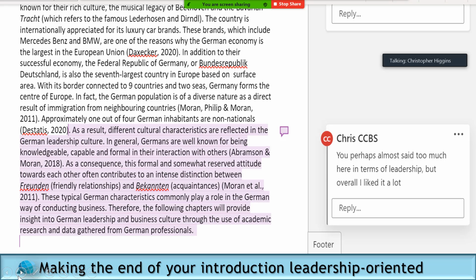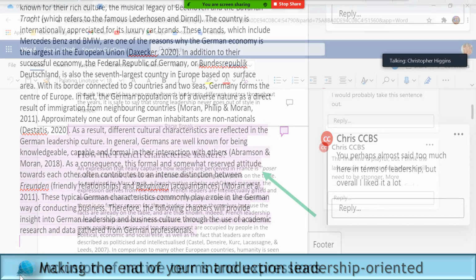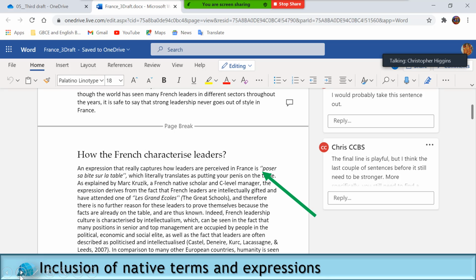Everyone will know that it is about leadership in Germany. Okay? And so many of the introductions, when they end, that isn't clear. It's not explicit that you're reading a book about leadership. At this stage, coming up for fourth draft, that needs to be resolved. Need to make it leadership focused. Okay?